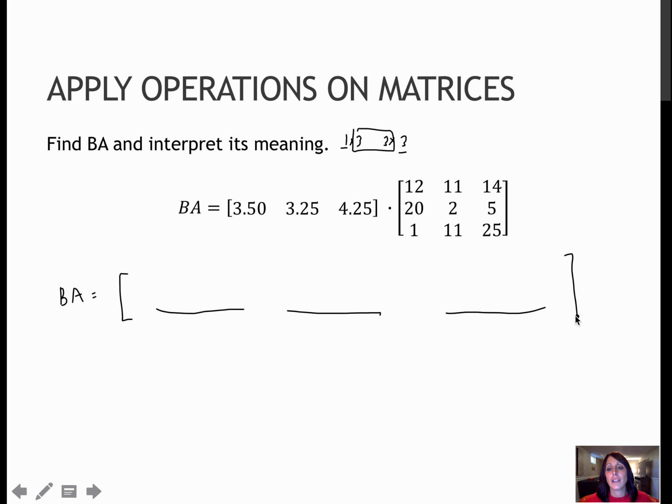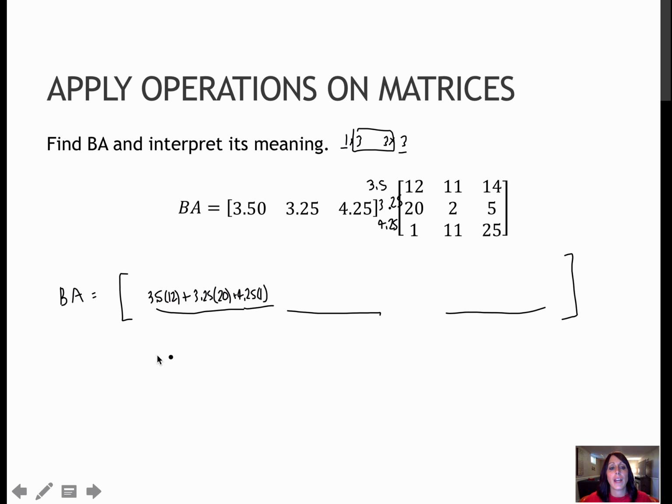And I'm going to leave lots and lots of space. And remember, that means I'm going to take this row and turn it into a column. So this is going to be 3.5, 3.25, and 4.25, which means for my very first one, I'm taking 3.5 times 12 plus 3.25 times 20 plus 4.25 times 1.